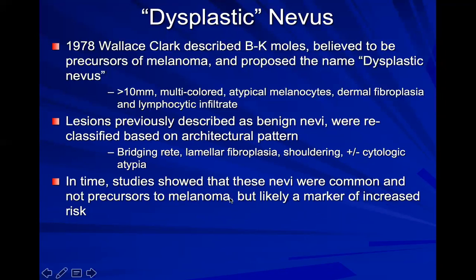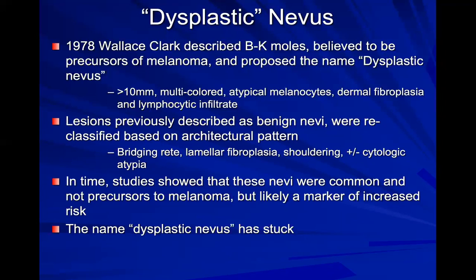We know that if you have nevi with this architecture and you have greater than 50 or greater than 100, you have slightly increased risk of melanoma, not necessarily in these lesions, but in your lifetime, because you have a melanocyte problem. The problem is the name dysplastic nevus has stuck, even though a lot of these are just benign nevi.